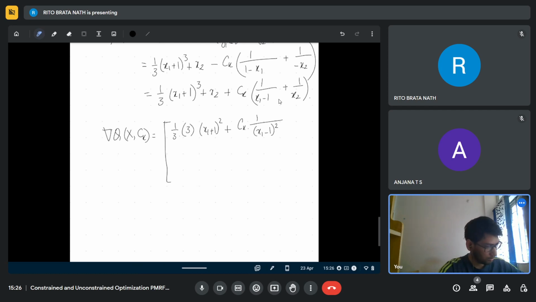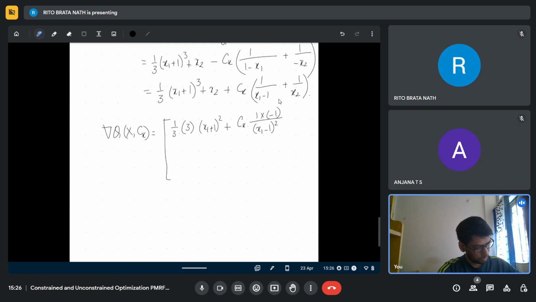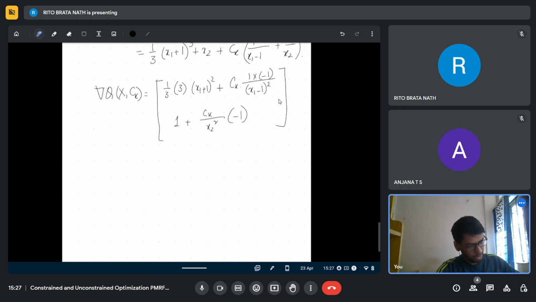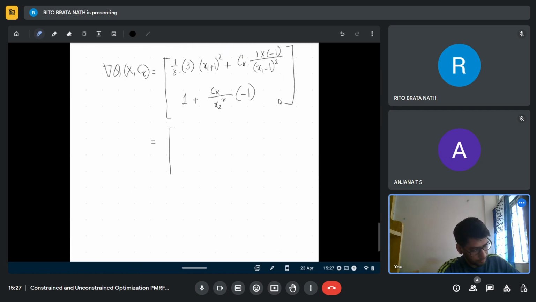Actually it should be a minus, so times minus 1. Yeah, the rest is fine. And from the second term, for x2 it is 1, and then it's plus ck by x2 square, and again a minus 1 multiplied. Okay, so let me simplify it.